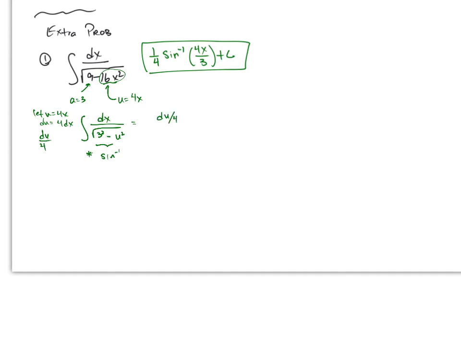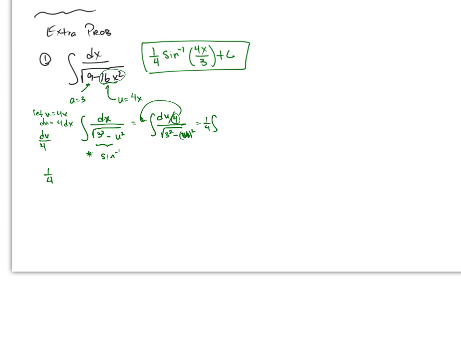I forgot to substitute the dx in. And then this will be 3 squared minus the u squared, and we said u was 4x, correct? So this is my u, and that will come outside as 1/4 times this integral. So I have 1/4 as my constant.